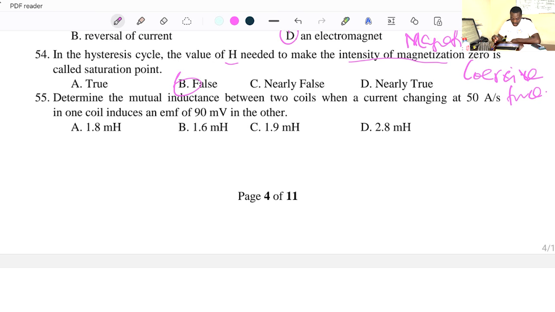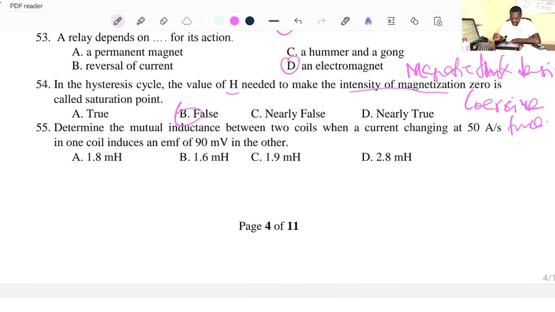Question 55, determine the mutual inductance between two coils when a current changing at 50 amps in one coil induces an EMF of 90 millivolts in the other. So this is a repeated question, similar to the other one we already saw. We have mutual inductance equals the magnitude of the induced EMF over the rate of change of current.